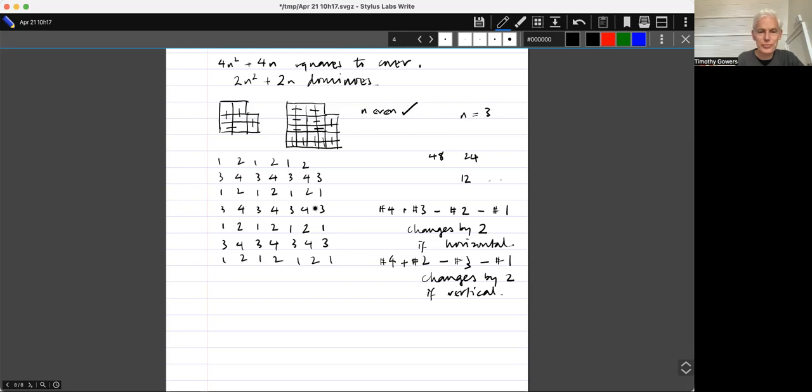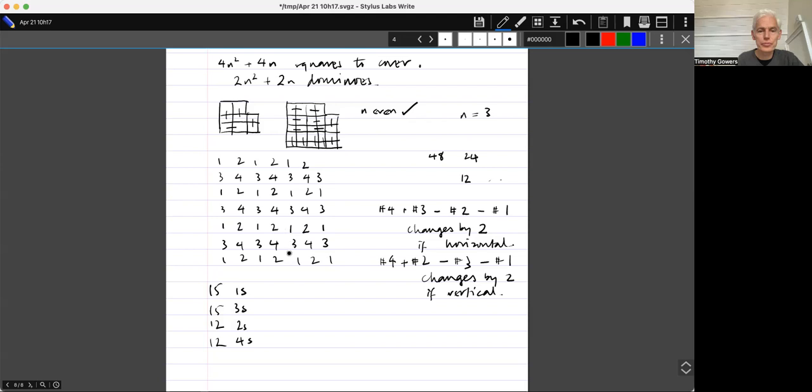So we have 3, 4, 8, 12, 15 1s, by symmetry 15 3s, 3, 6, 9, 12 2s, and 12 4s.